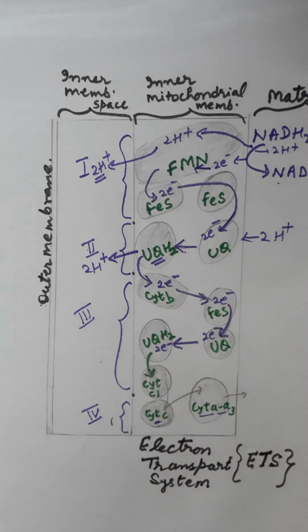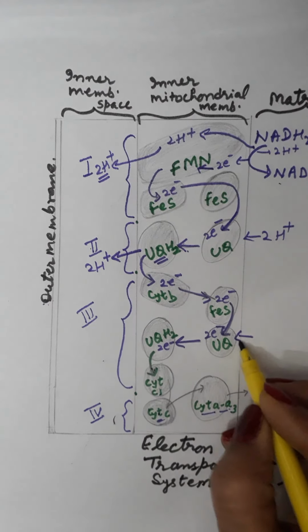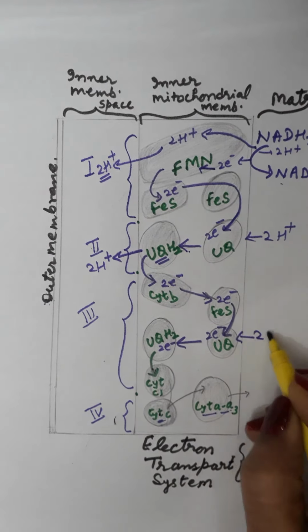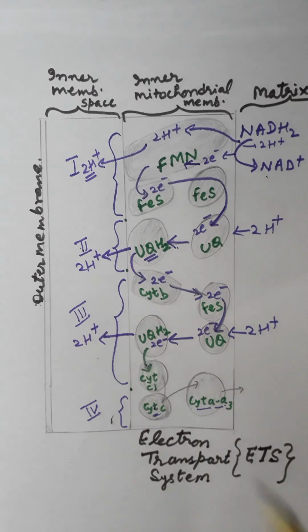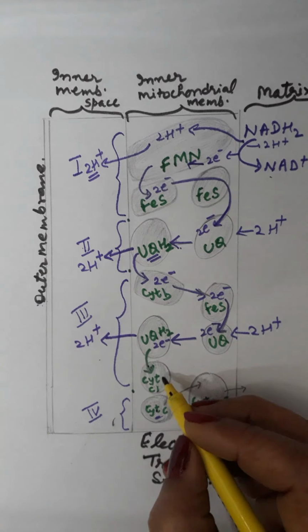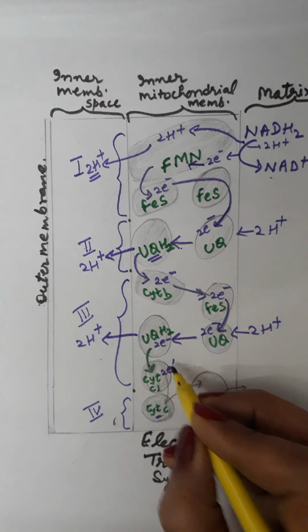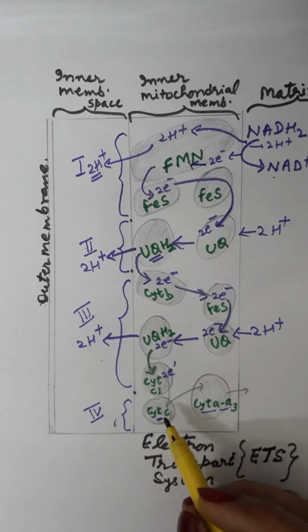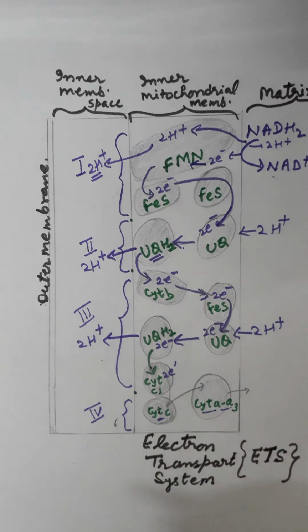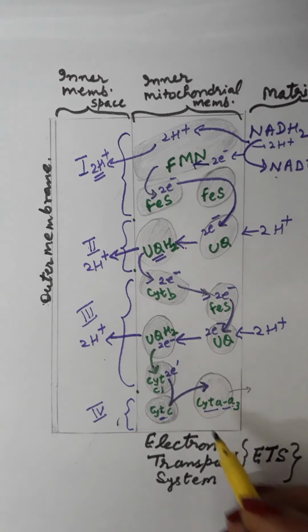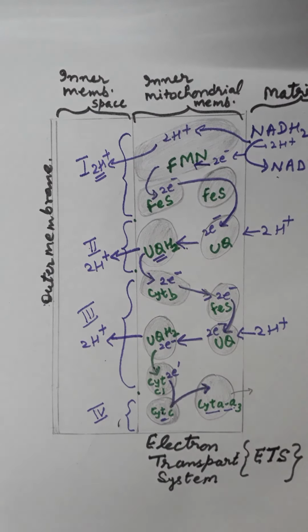They again show a downhill journey and energy is released. That energy is utilized in picking up 2 protons from the matrix and transferring them to the inner membrane space. Finally, the electrons are transferred by cytochrome C1 via cytochrome C to complex 4, that is cytochrome A to cytochrome A3.